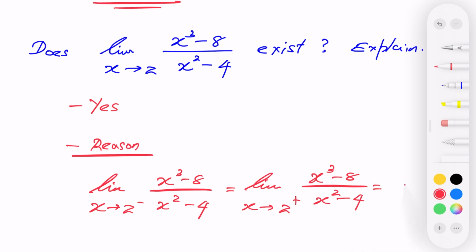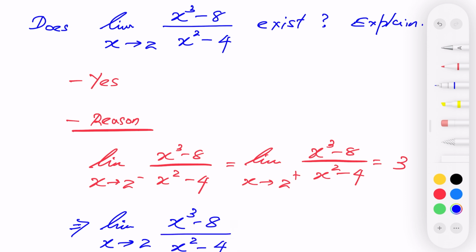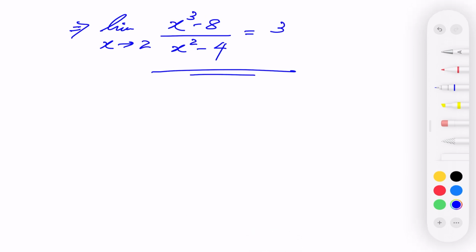They both were equal to 3. Therefore, we say that the limit as x approaches 2 of x cubed minus 8 over x squared minus 4 exists and it's equal to 3.